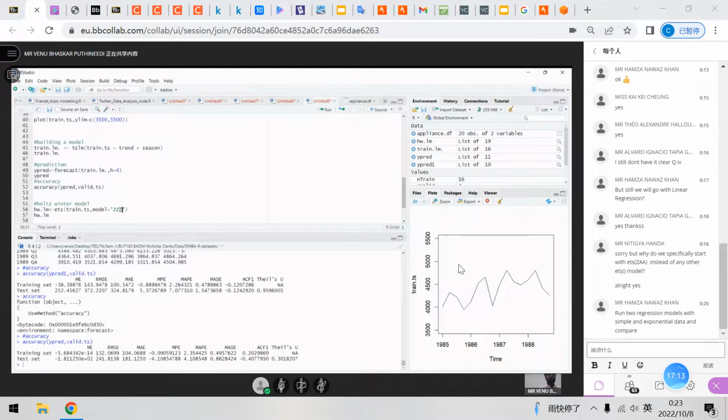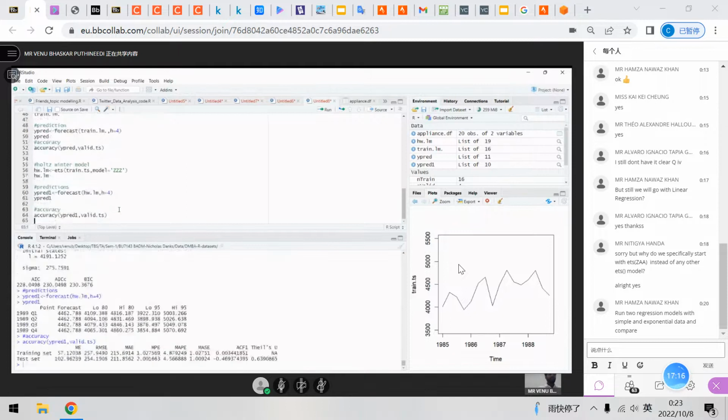When we put triple Z, that is happening, and the MAPE metrics have gone down, right? Can you see the test metrics? Yes. So essentially, with the change in the hyperparameters of the Holt-Winters model, there is a change in the error metrics and they're getting close to 0. Does that make sense? Yes. And if you still have doubt, we'll just hold back at this point. We'll solve the last question and take it after the class. Is that good?